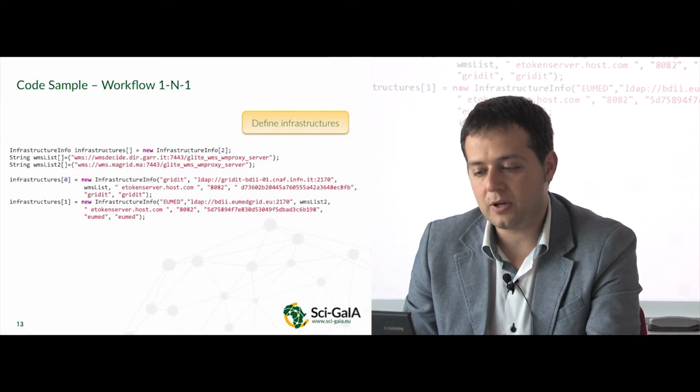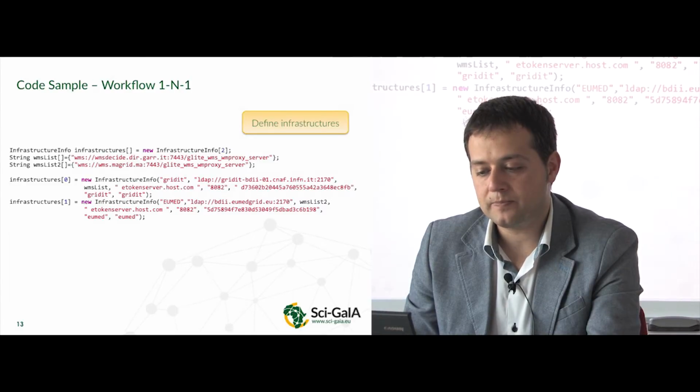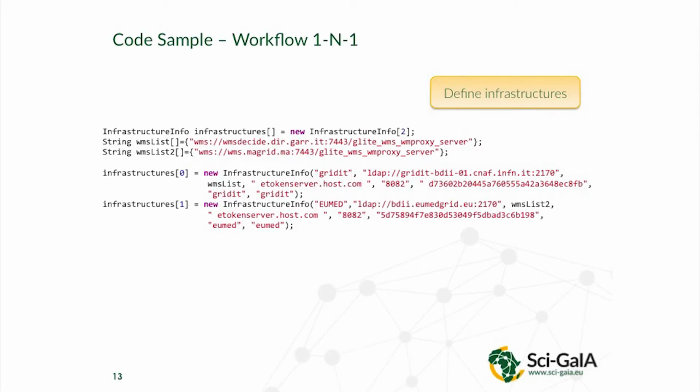The InfrastructureInfo object constructor accepts an acronym of the infrastructure as the first parameter. Then you can specify the BDII of the infrastructure, the WMS list, the resource manager list that you defined before.